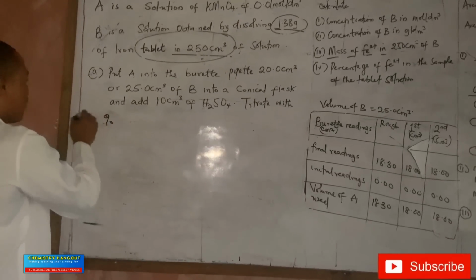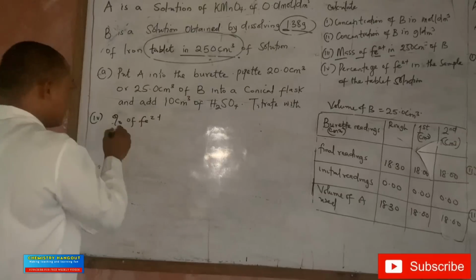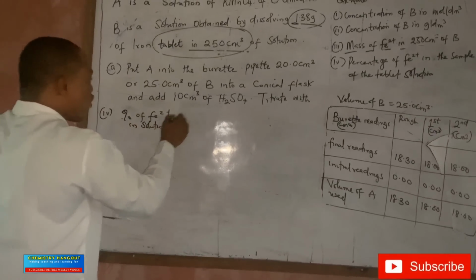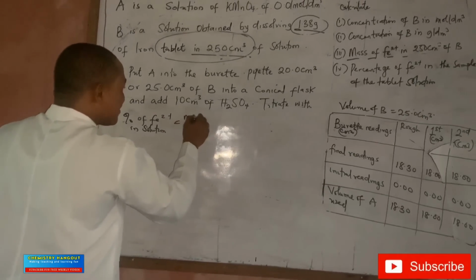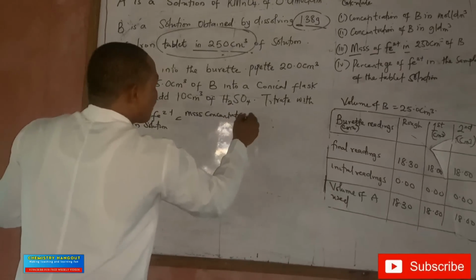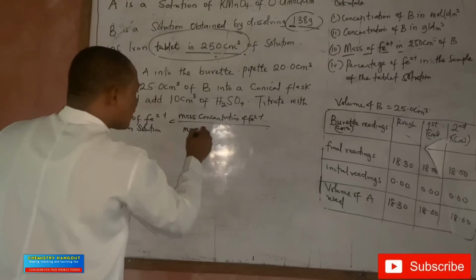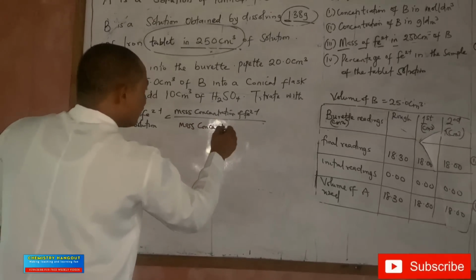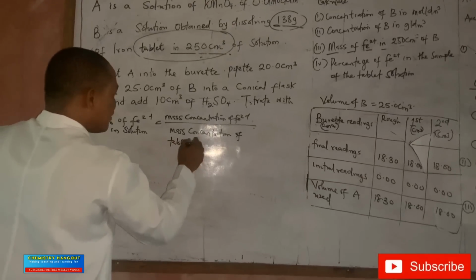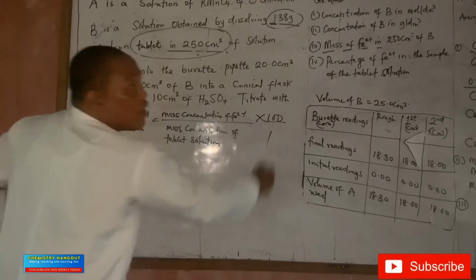Percentage, that's figure 4. Percentage of Fe2 plus in the tablet solution will be equal to the mass concentration of Fe2 plus over mass concentration of the tablet solution times 100 over 1.